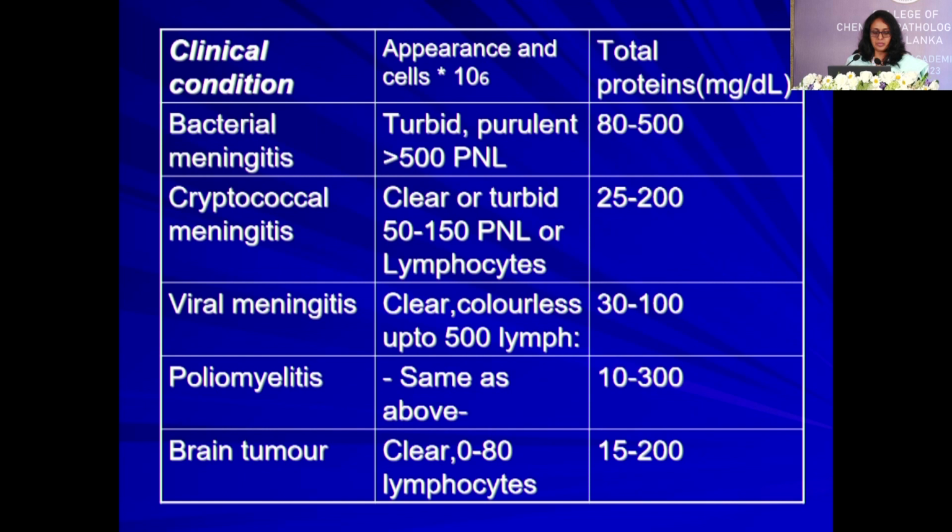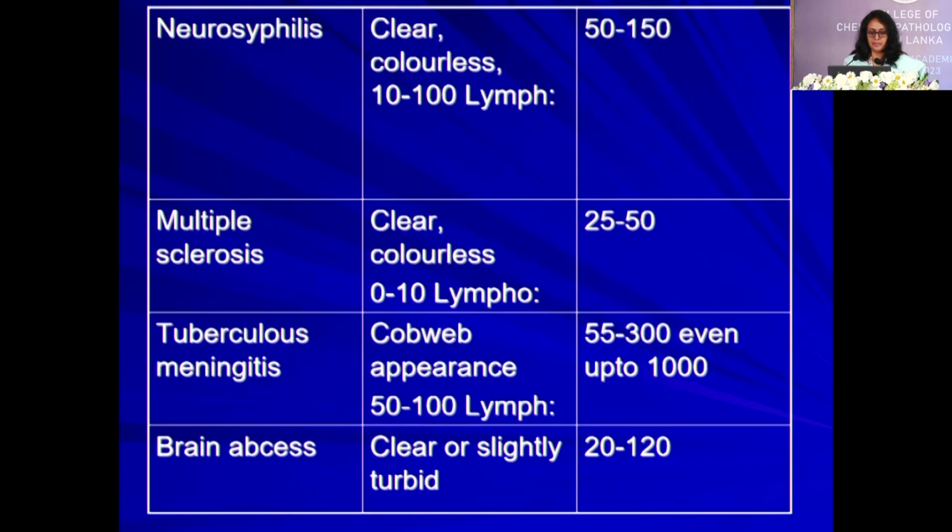In brain tumors, the appearance is clear. There are lymphocytes ranging from 0 to 80, and total protein is 15 to 200. In neurosyphilis, the appearance is clear and colorless, with lymphocytes 10 to 100 and total protein 50 to 150.